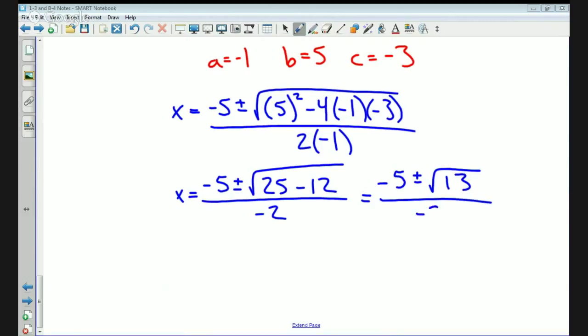all over negative 2. And what they may go ahead and do is move these negatives around a little bit from the denominator up to the numerator, and you end up with x equals a positive 5 minus plus the square root of 13 over the 2.